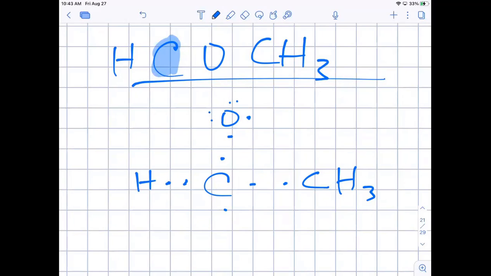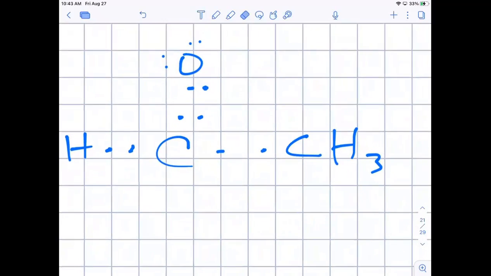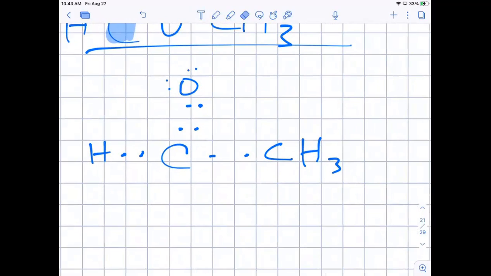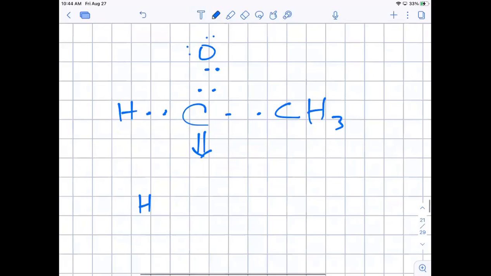The way I fill out that octet is I can take another electron from oxygen and move it here, and then take this electron and move it here. What that creates is a pi bond or double bond between carbon and oxygen. So the line form for that would look like this: H, C, double bond O, and then CH3.